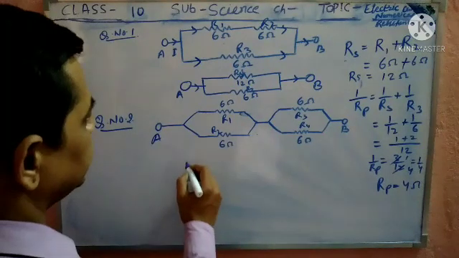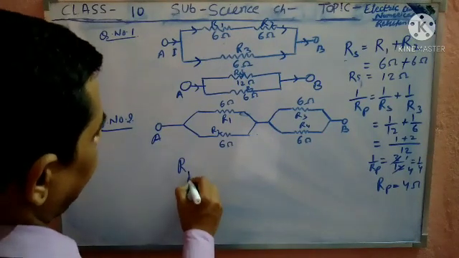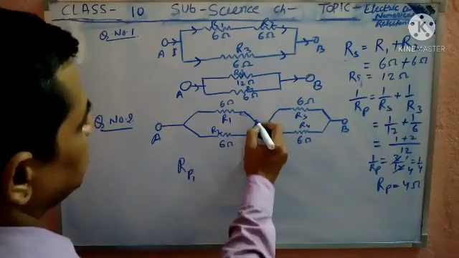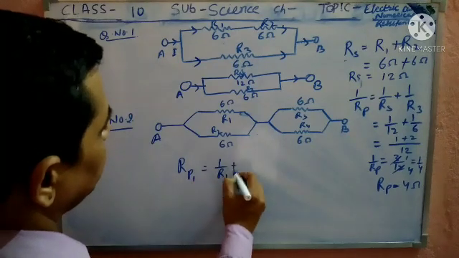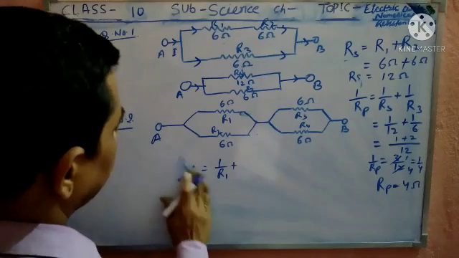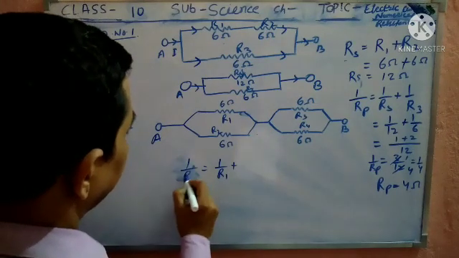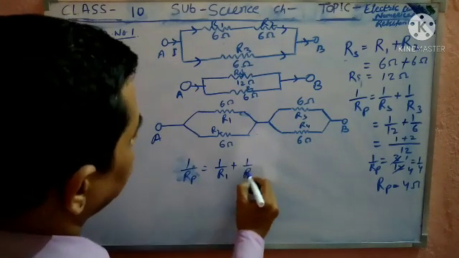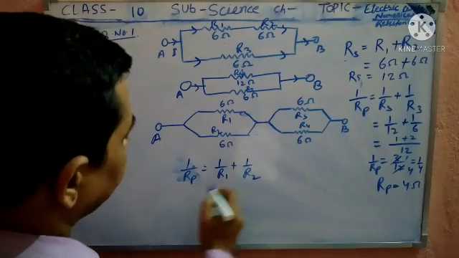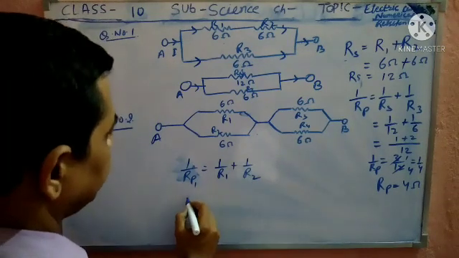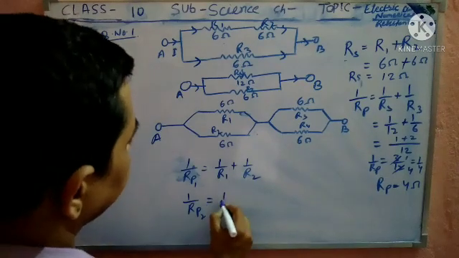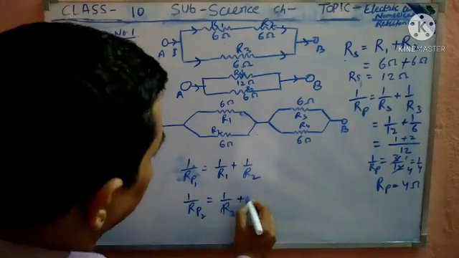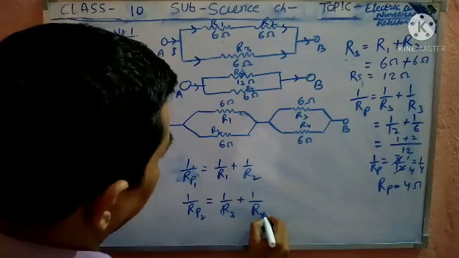So for the first, 1 by Rp1 equals 1 by R1 plus 1 by R2, and for the other, 1 by Rp2 equals 1 by R3 plus 1 by R4.